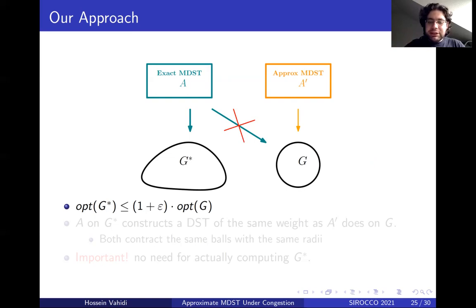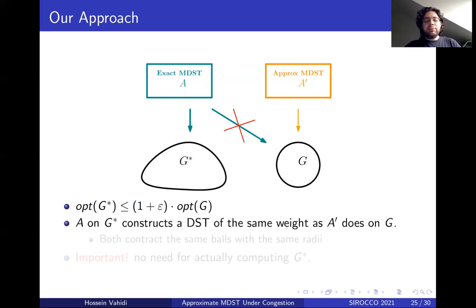So this is a key idea here. If we have that the optimal solution in G star is at most 1 plus epsilon higher than the optimal in G, we get our approximation ratio.